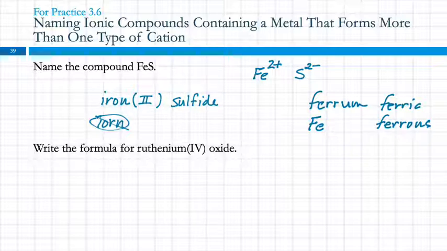I don't know if they took a survey and the most popular one was iron. It was also called ferrum, and in some countries it was probably called something else entirely.